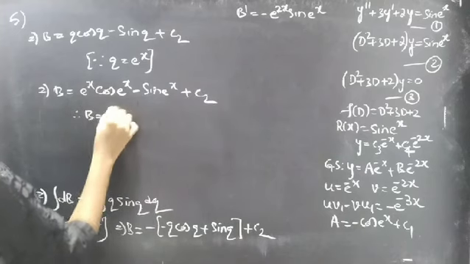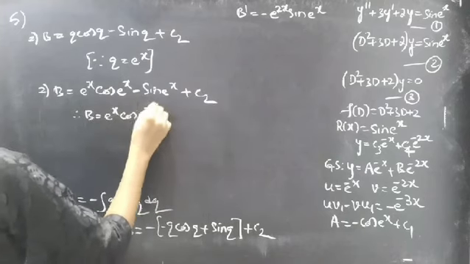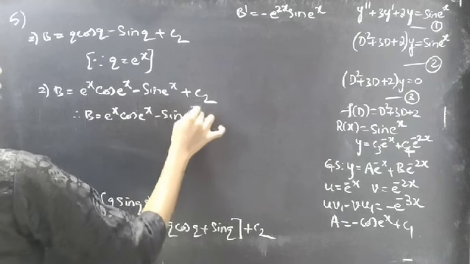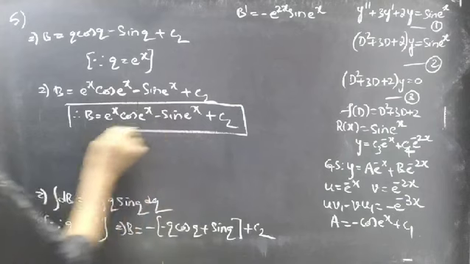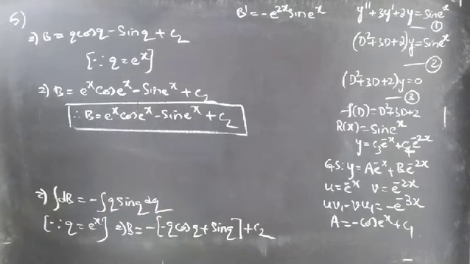Therefore b equal to e power x cos e power x minus sine e power x plus c2. We got b and a. Let's now write the general solution using y equal to a e power minus x plus b e power minus 2x.